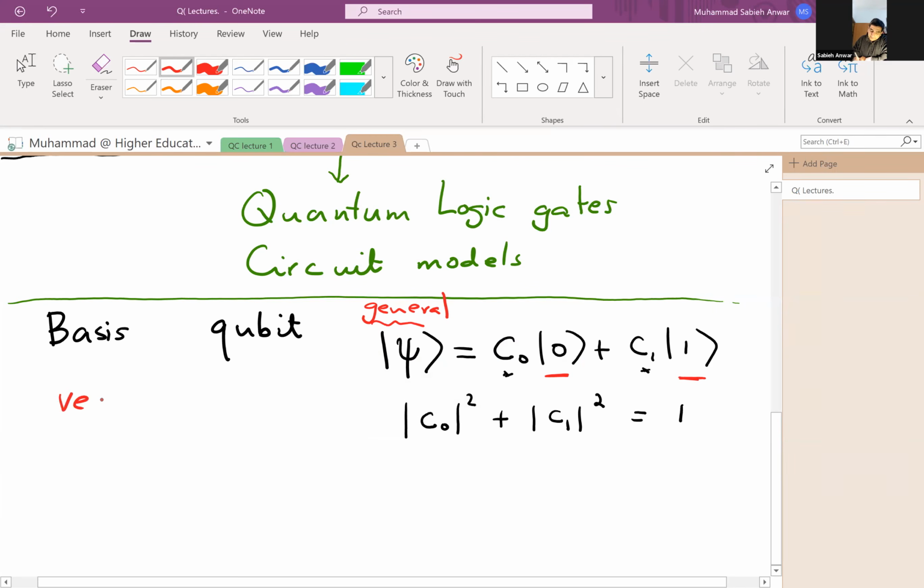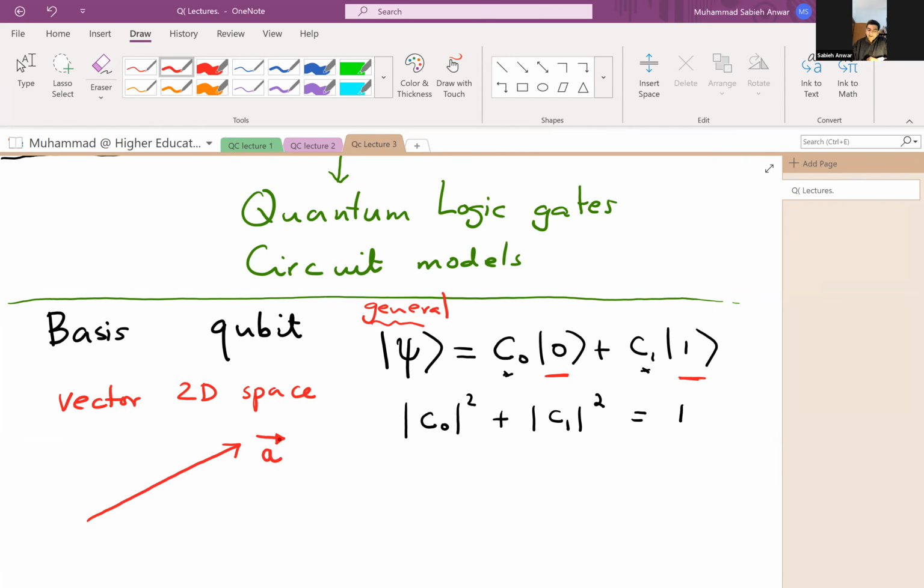Now consider a vector in a two-dimensional space. That is just a piece, a plane of paper or the computer screen, something which is flat. And I draw this vector by an arrow. Let's call this vector A. Now, in order to define A, I need to know its magnitude and I need to know its direction.